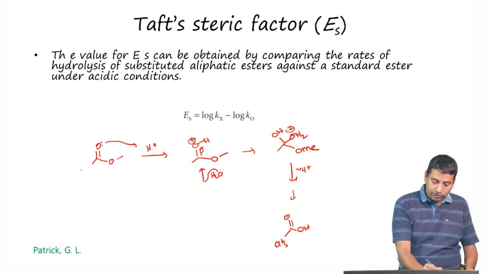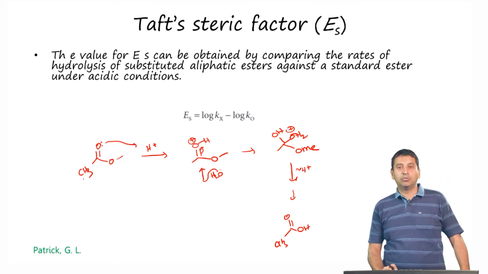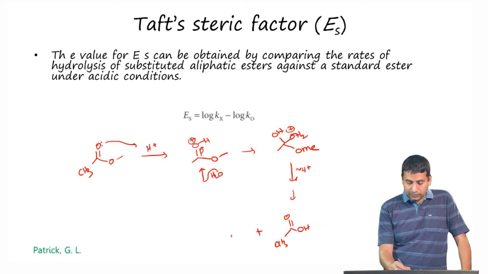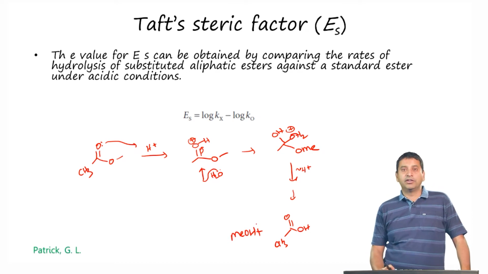Okay. So, let us say we start with the acetate here and you end up with acetic acid and methanol. Okay. So, this is the reaction that we are considering.